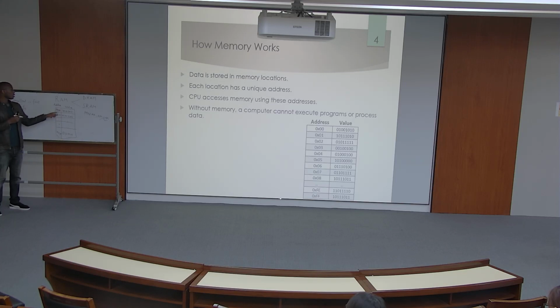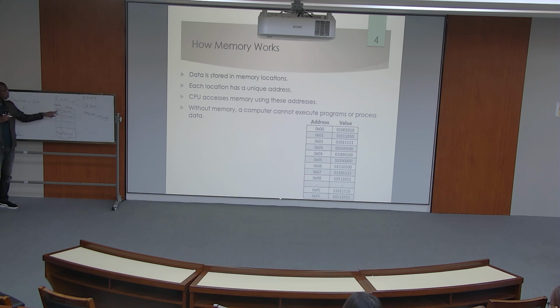We have this memory location, this memory address, which holds this data. That means to get access to this value, the CPU will use this memory address. To get access to this data, the CPU will use this memory address. That's why data is stored in memory locations, using memory addresses, and each address is unique. So there is no duplication in memory addresses.